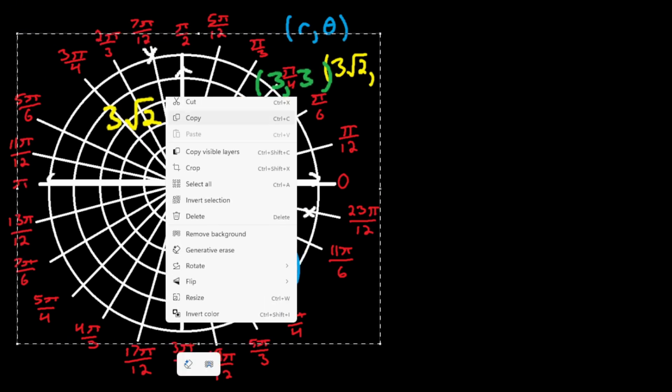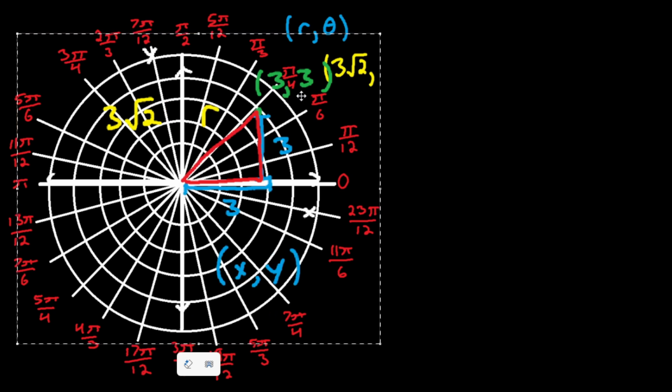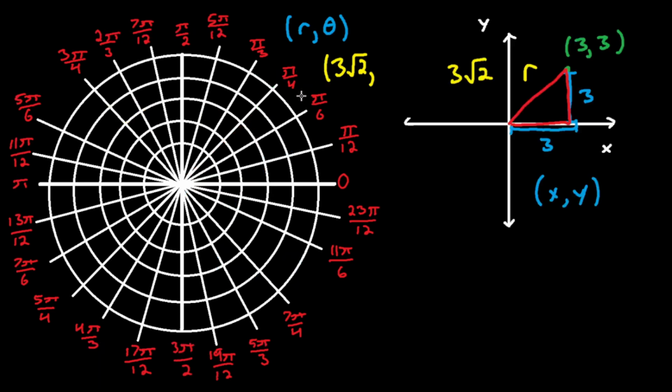Yes, the polar form of this point is just exactly right here. Right, it's the same thing. Okay, so the position of the point doesn't actually change. It's that our representation of the coordinate changes. So if I were to draw that, it would be somewhere around here.